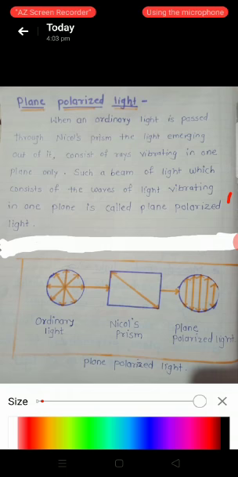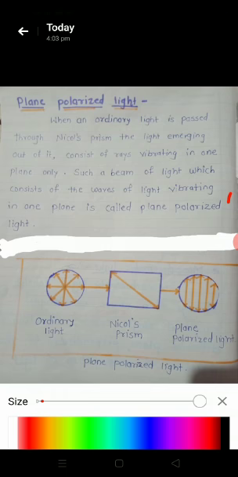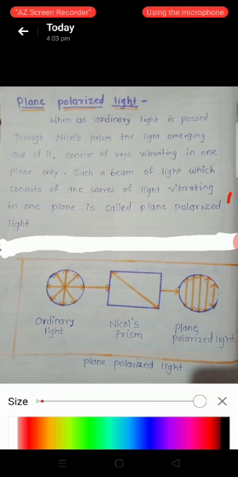When an ordinary light is passed through Nichols prism, the light emerging out of it consists of rays vibrating in one plane only. Such a beam of light which consists of waves of light vibrating in a one plane is called plane polarized light.